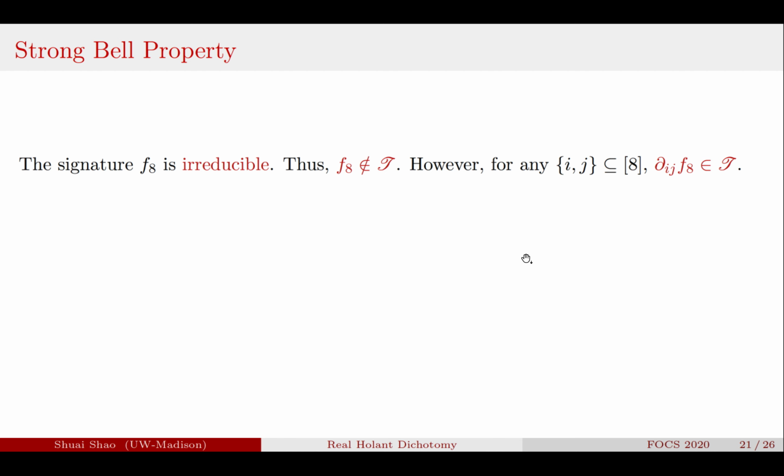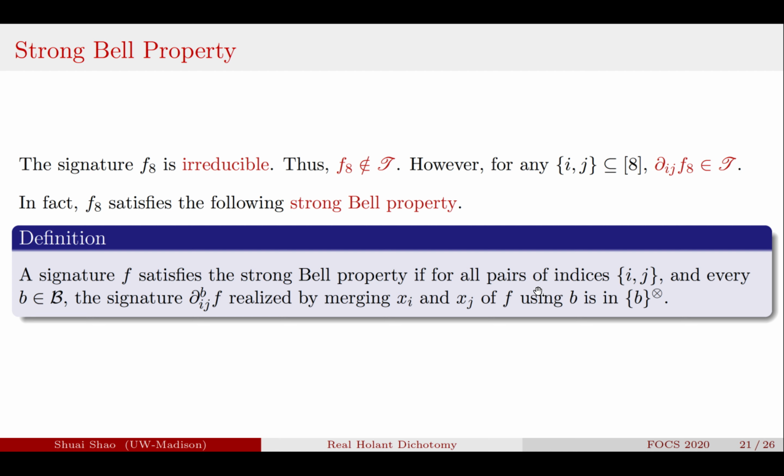However, by merging it using equality, we can only realize signatures that are tensor products of binary signatures, which are in the class T. And in fact, this signature f sub 8 satisfies the strong Bell property.